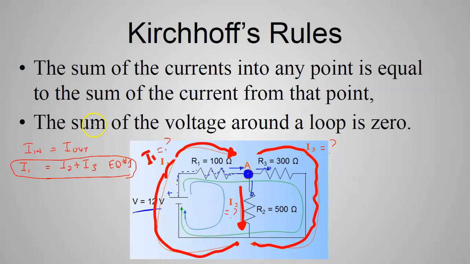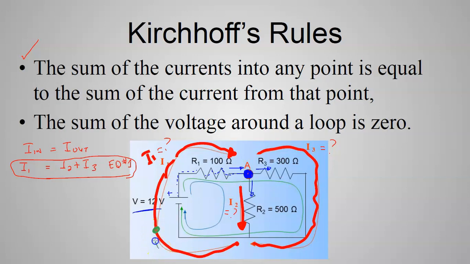In this problem, I would apply the first rule one time and be done with it. In bigger, more involved problems, you might need to apply it a couple times. But honestly, anywhere else I apply rule number 1, it doesn't help me, and I'll show you why. I can pick any point that I want. For example, I could put a dot right here.